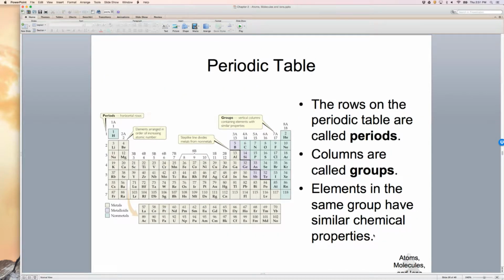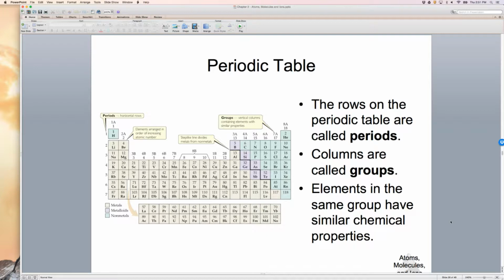So, okay, when we're talking about rows, we're talking about the rows from left to right. We're going to call those periods, and there are generally 7 periods on your periodic table. That means there are 7 rows left to right from top to bottom. And then the columns, we have a total of 18 of those.